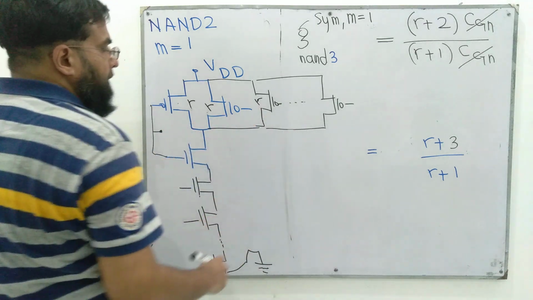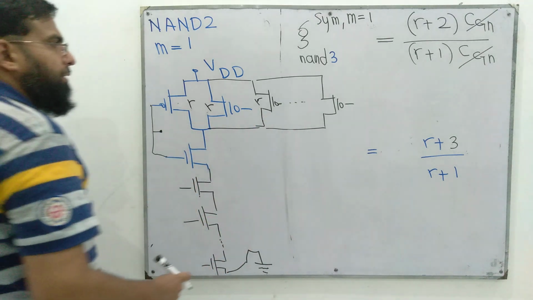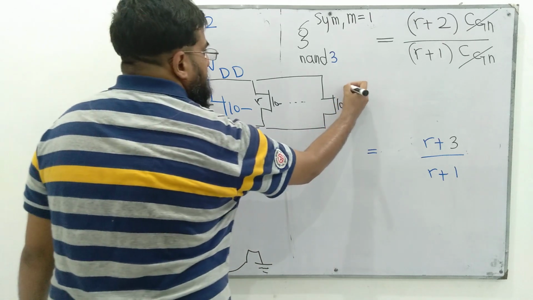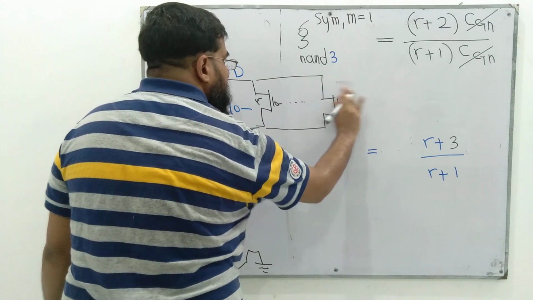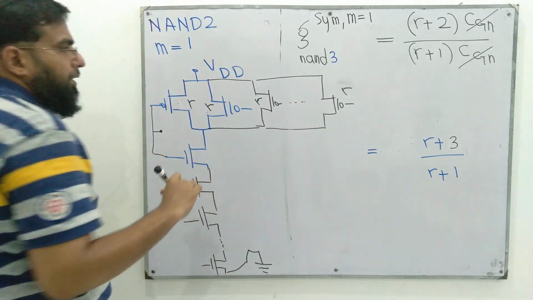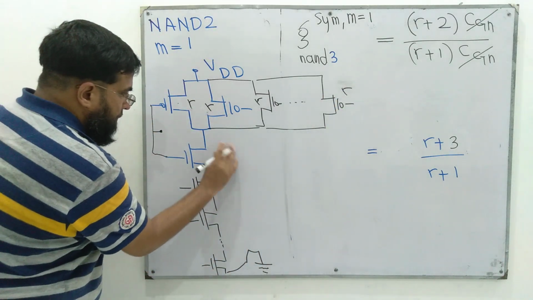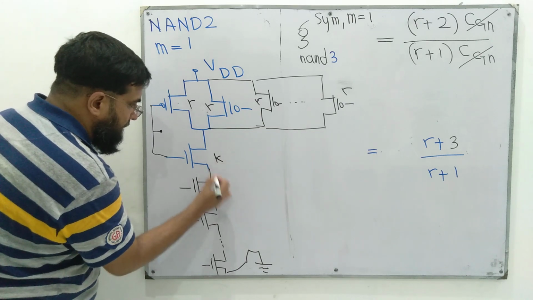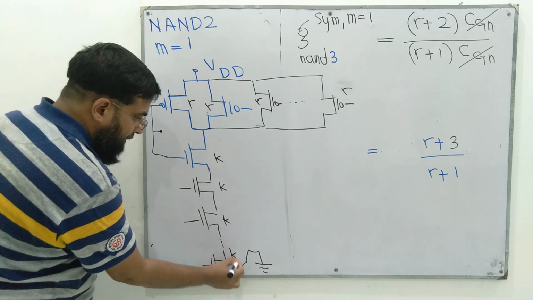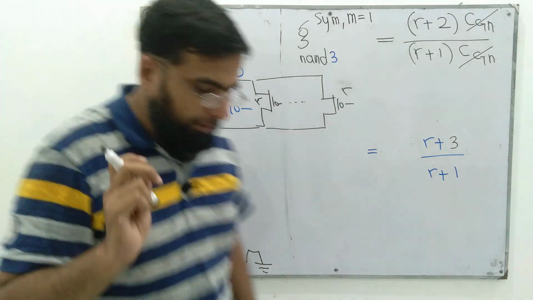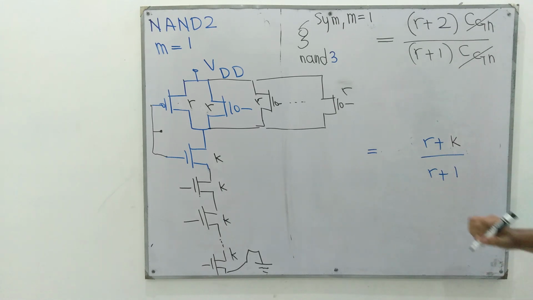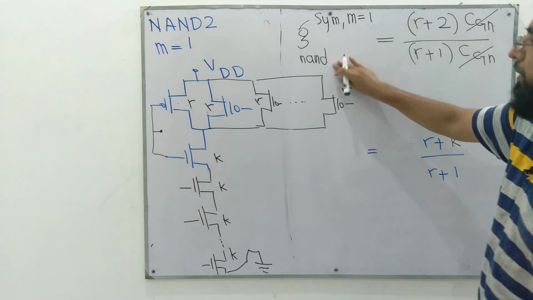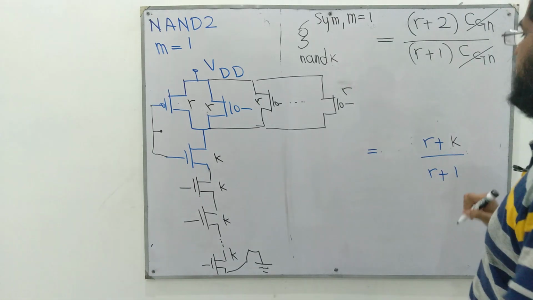These have to be R, and if we have K inputs, each and every one of these has to be K times 1, which is K. So this is R plus K, where K is the number of inputs for this NAND K gate.